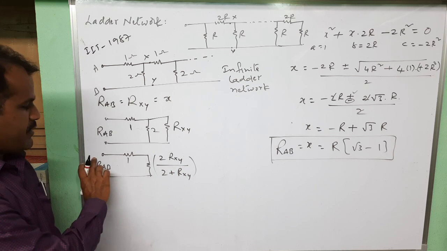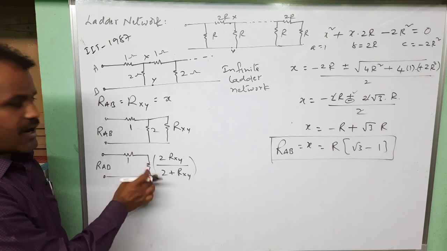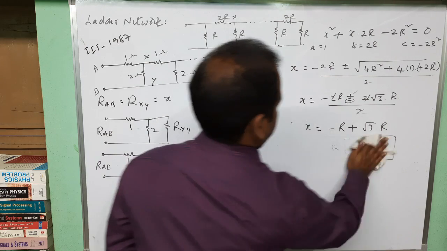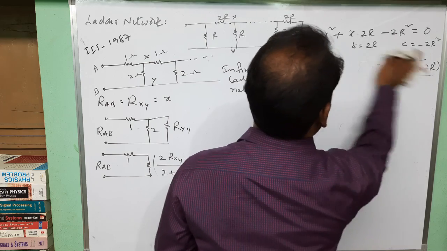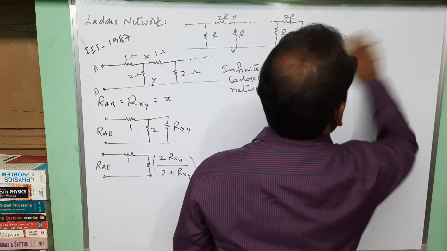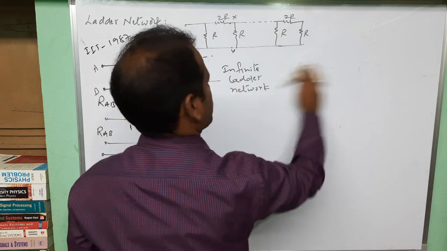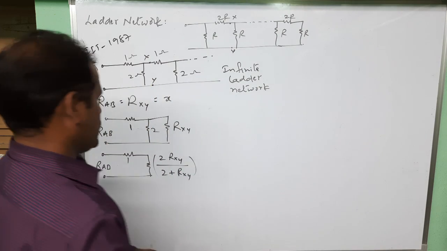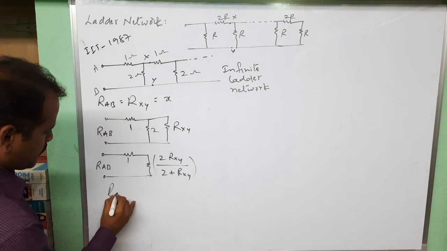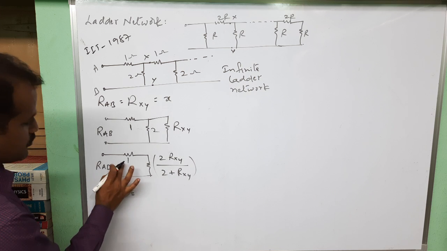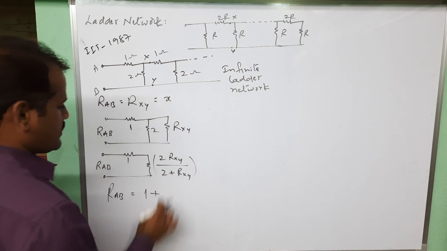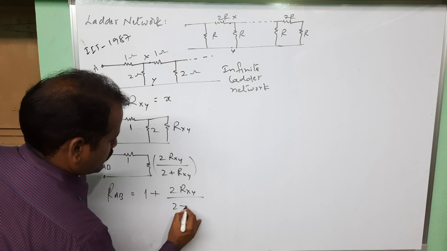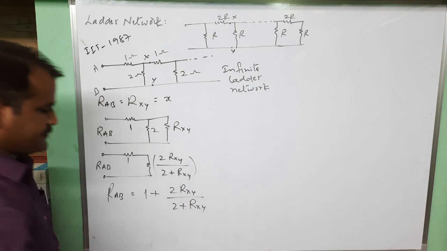We need to find RAB. So RAB we can write as 1 plus this one, 2RXY divided by 2 plus RXY.